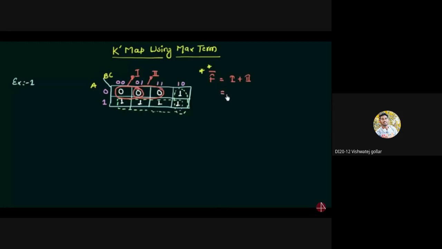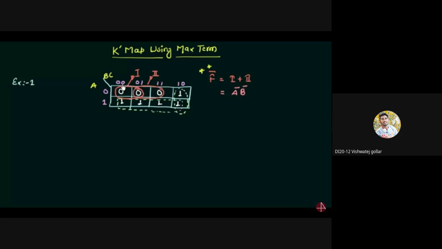Okay, now let's write what is the value of 1. A is not changing in the first group, so I will write A complement because A is 0. B is also not changing, it is 0 here, and again it's 0, so I will write it as B complement.